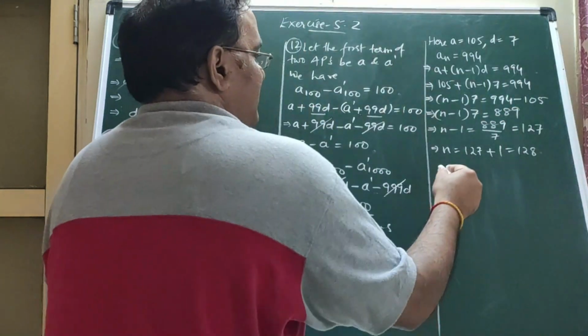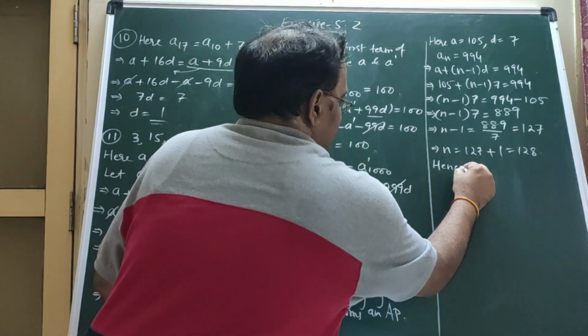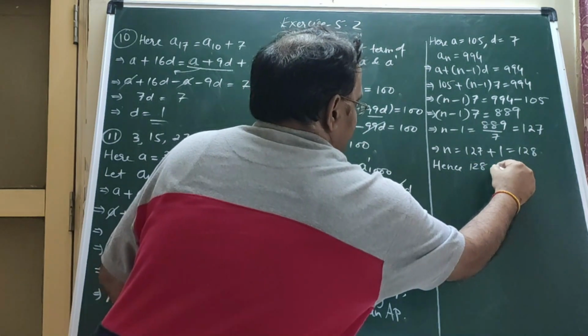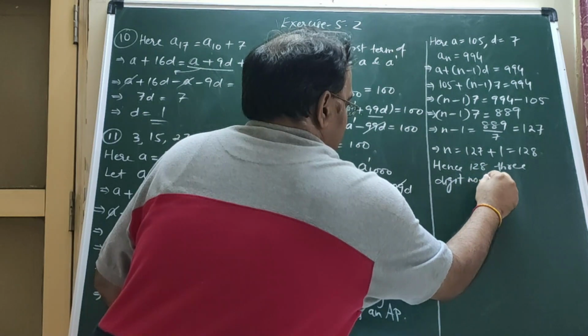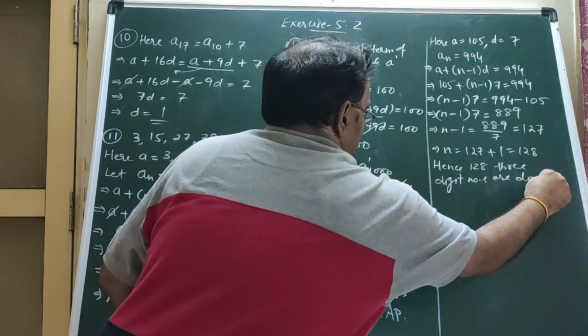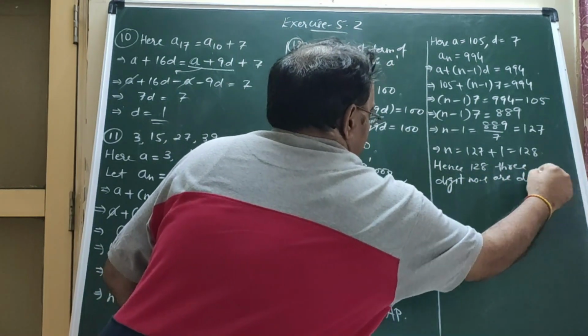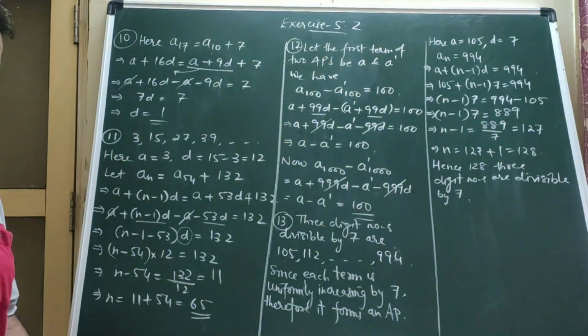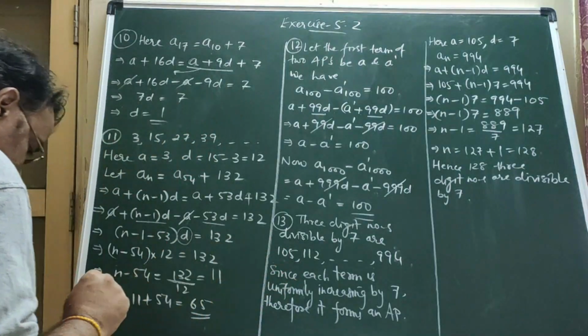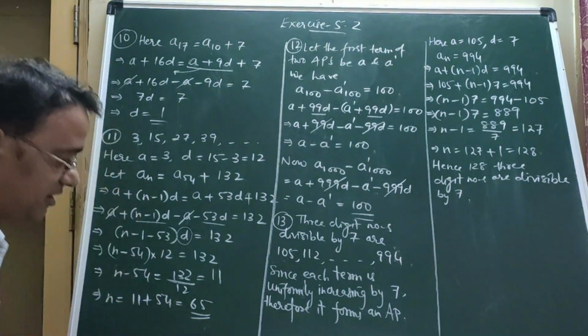Hence, we can write a conclusion. Hence, 128 3-digit numbers are divisible by 7. Okay, so ये तो था क्वेश्चन नंबर 30. Now we are going to solve question number 14.